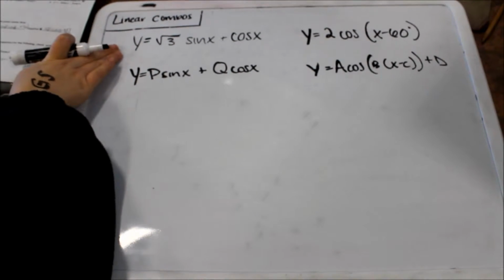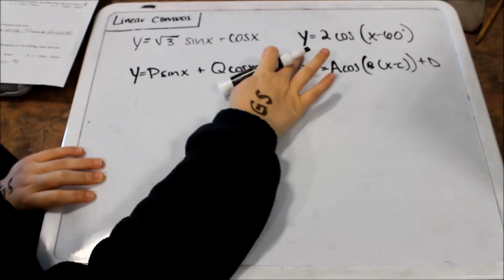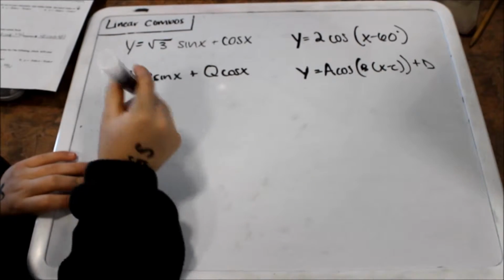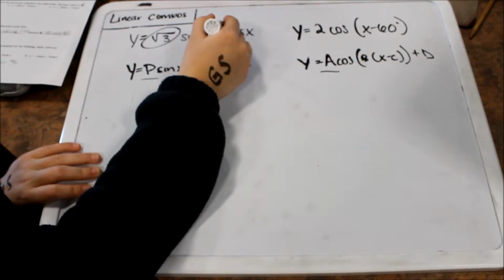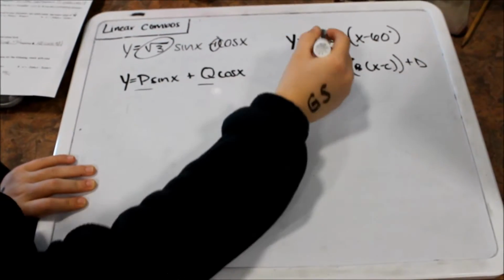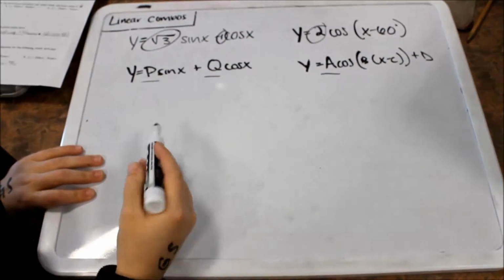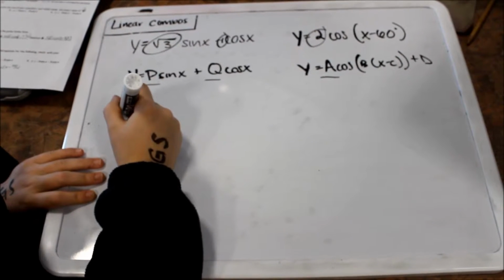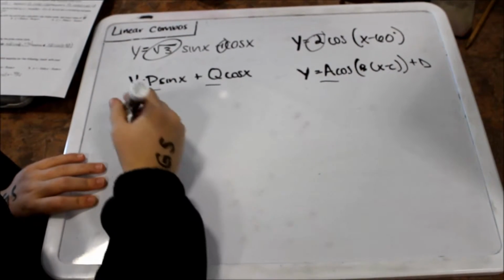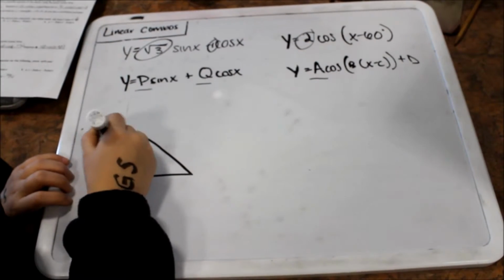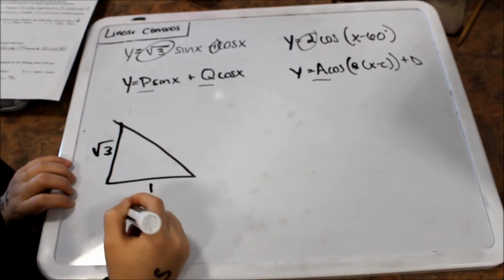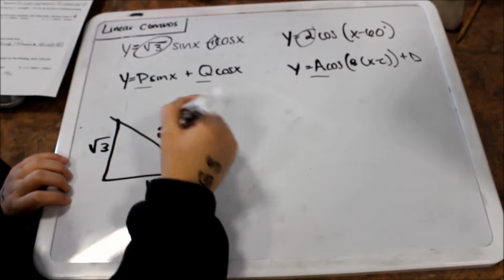We started with this equation, and we know it can be written like that. Do we see a correlation between P, Q, and A, between square root of 3, 1, and 2? Well, it's basically the Pythagorean theorem. If we had a right triangle with square root of 3 and 1, then the hypotenuse would be 2.